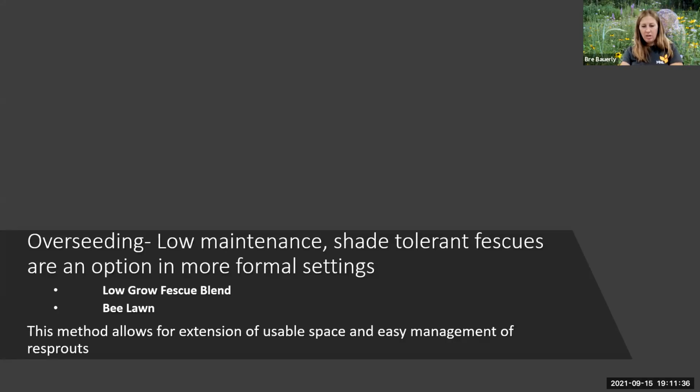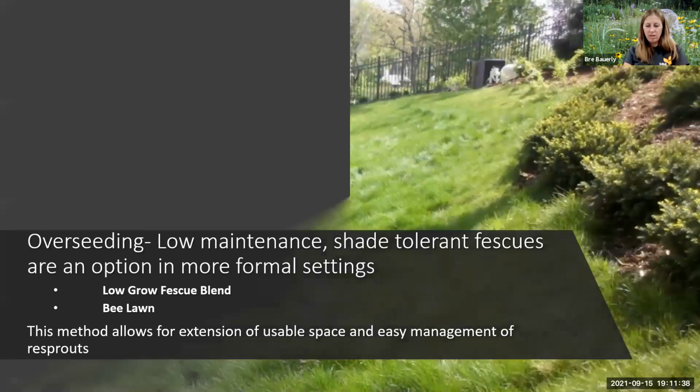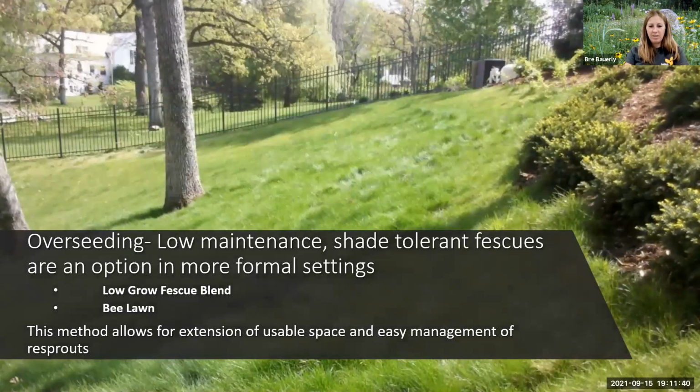One idea that's not necessarily native to Minnesota is this idea of low grow fescue. They're kind of like a turf alternative. They grow taller and shaggier than turf grass. In fact, some people have low grow fescue as part of their lawn blend, but you're mowing it and you maybe would never know.